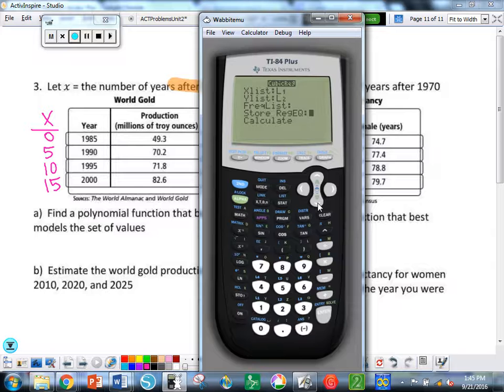Okay, now I got to get the Y1 right here. Or in your case, it would be like the Y1 right here, right? Go to vars, then what? Yep, then what? And so yours should say cubic regression y1, right? Does it?